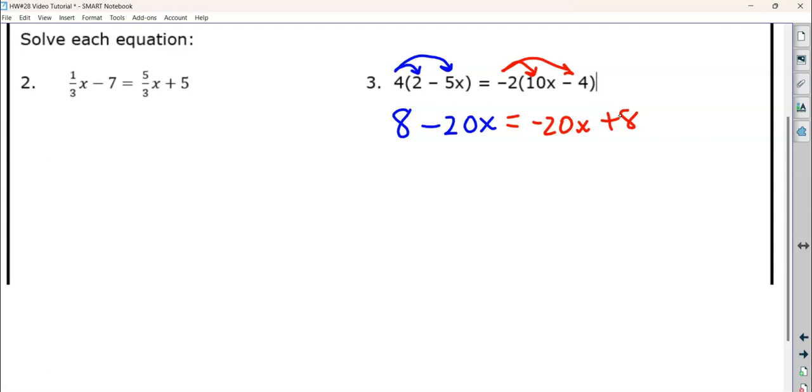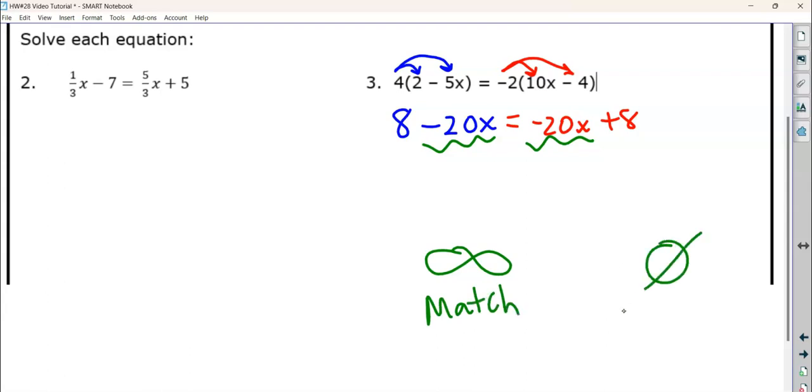We can continue with our inverse operations, or we can notice that we have matching variables, a negative 20x on both sides. And if that happens, you usually have a special solution, either called infinite solutions or no solutions. But you can only check whether it's infinite if it's a perfect match. And it's no solutions if the constants are different.